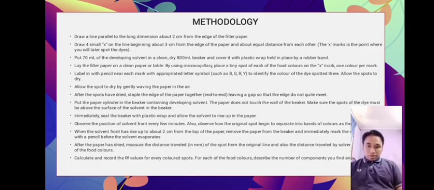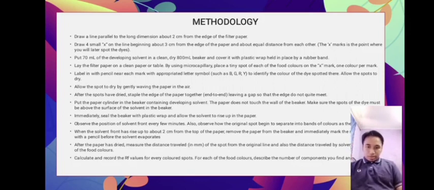Lay the filter paper on a clean paper or table. By using microcapillary, place a tiny spot of each of the food color on the X mark. Label with a pencil near each mark with appropriate paper symbol.